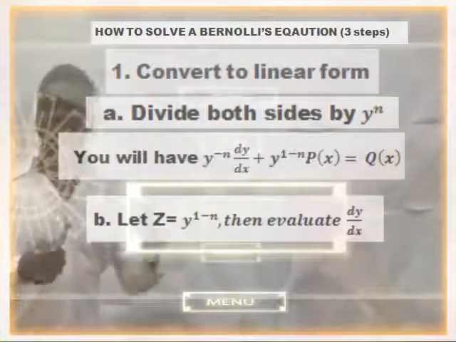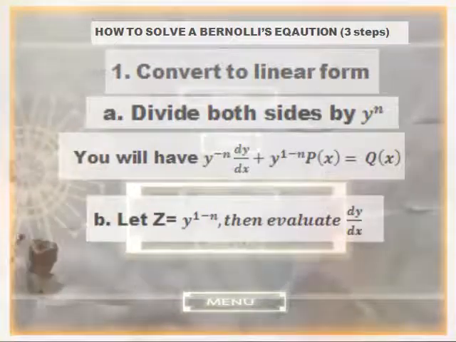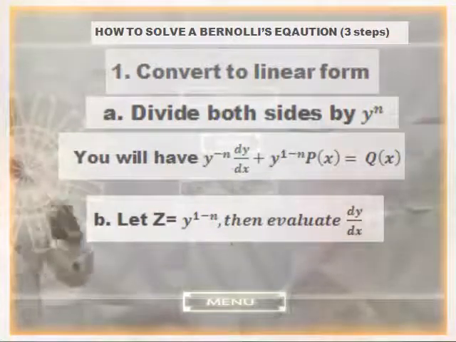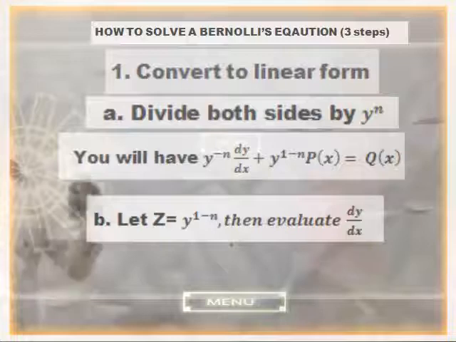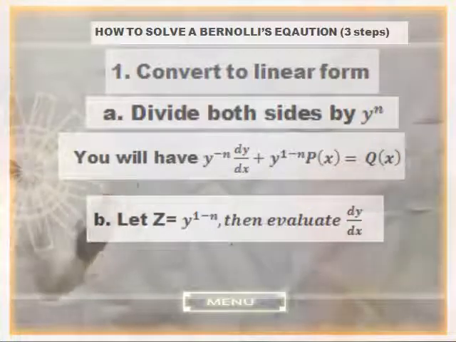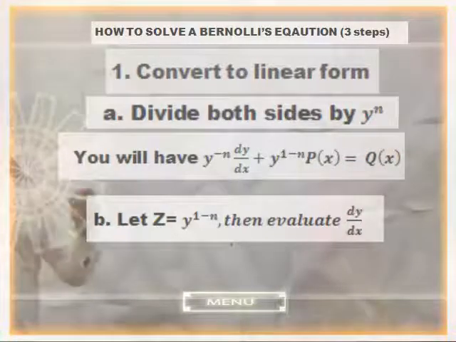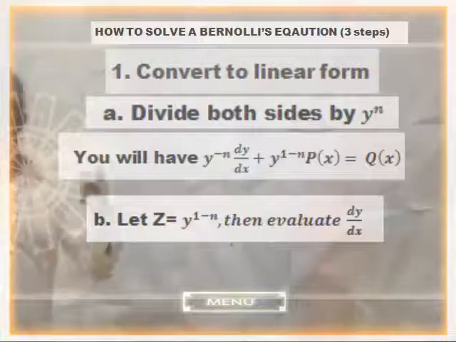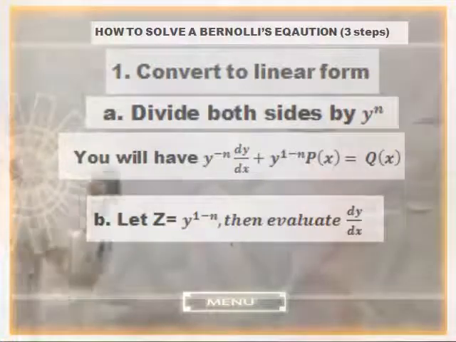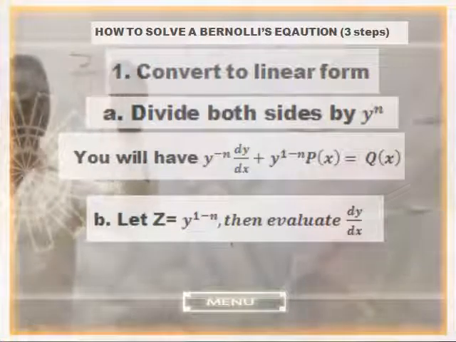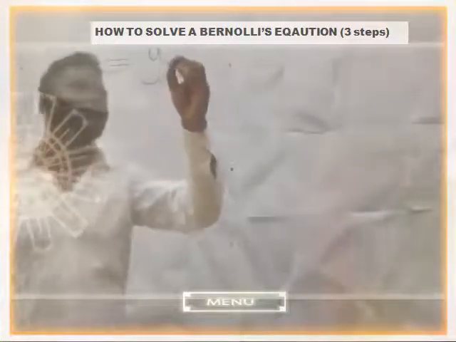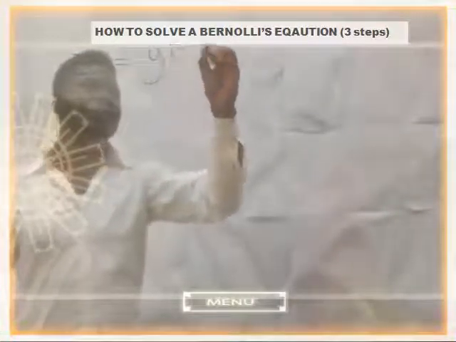Okay, now you're going to say let z equal y to the power of 1 minus n, and then you evaluate dz/dx. Once you get dy/dx, it's finished. You have your z to be y to the power of 1 minus n.